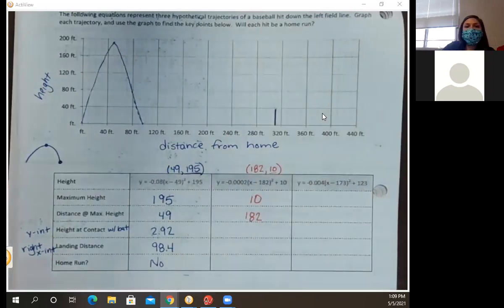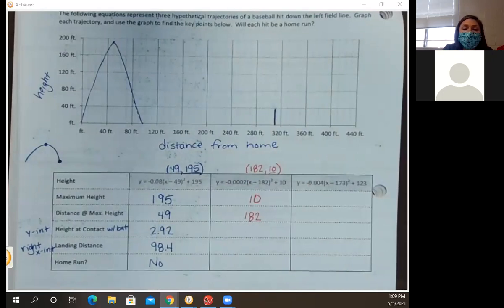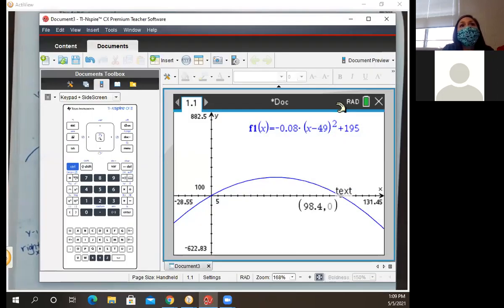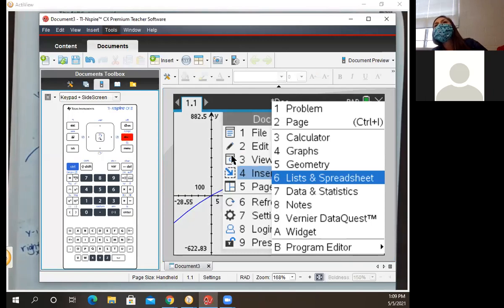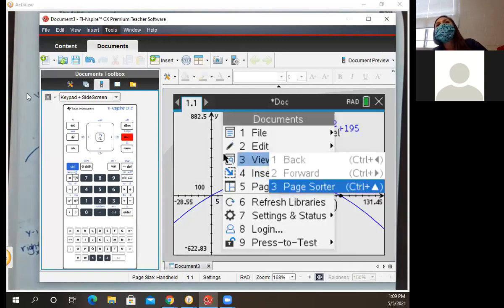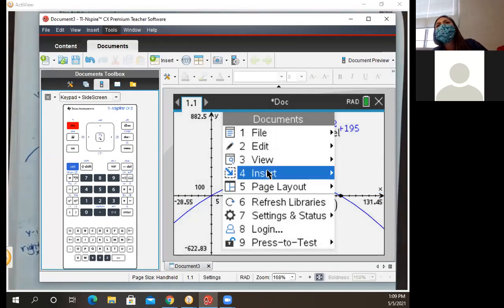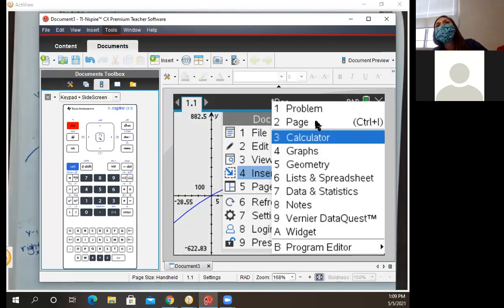Okay. So I'm going to go back to my calculator. Those of you that had an issue graphing that first function, I want you to hit the dock button. Dock button. And I want you to insert a page.